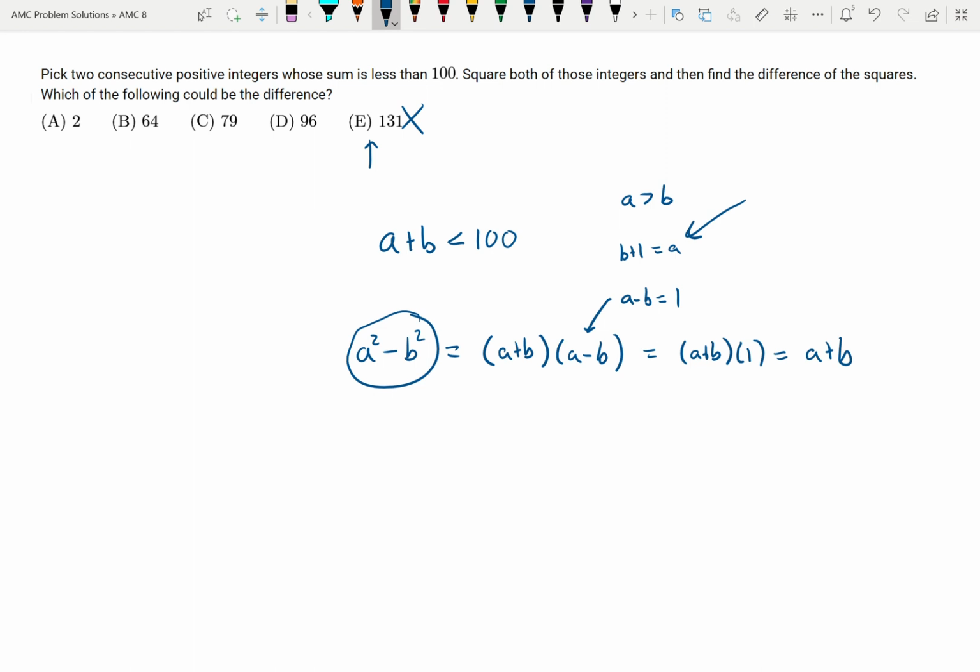And then if you take two consecutive integers, we know that one is going to be odd and one will be even.